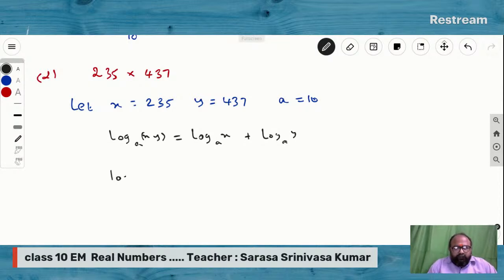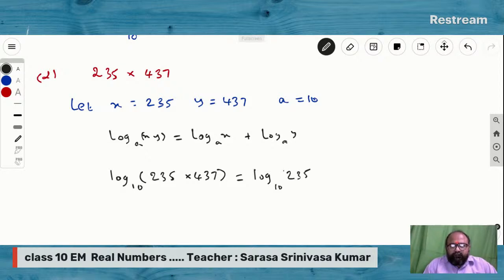logarithm of 235 multiplied by 437 to the base 10 equal to logarithm of 235 to the base 10 plus logarithm of 437 to the base 10.